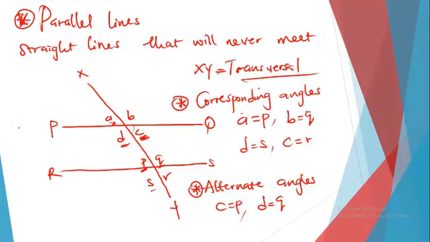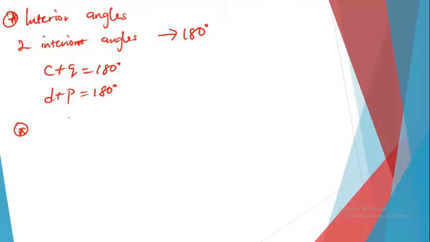Apart from the interior angles, we also have what we call opposite angles. A is opposite to C, B is opposite to D, P is opposite to R, Q is opposite to S. Opposite angles are equal.